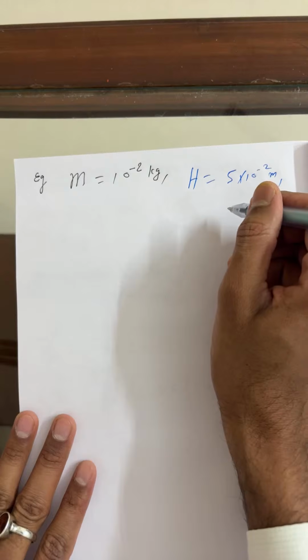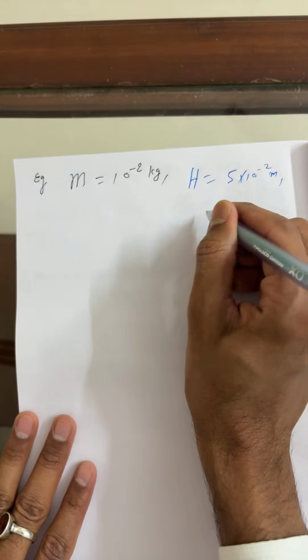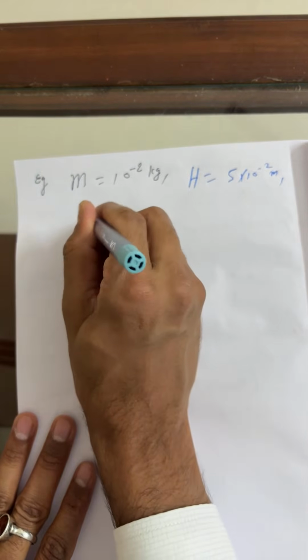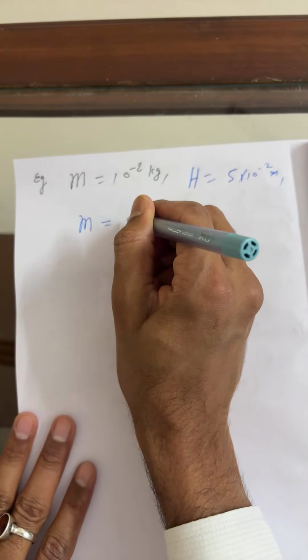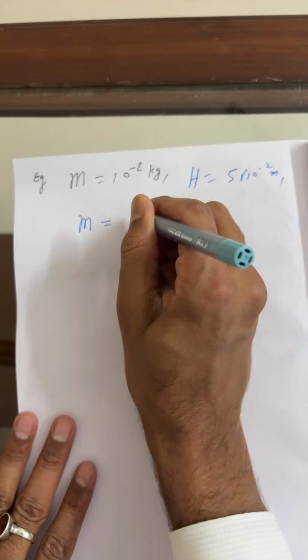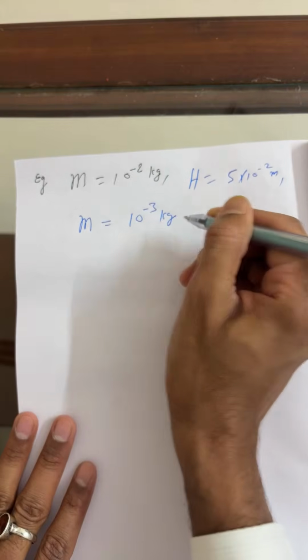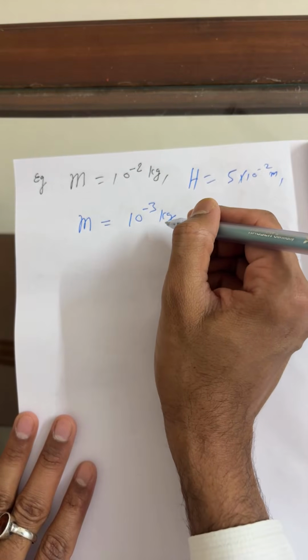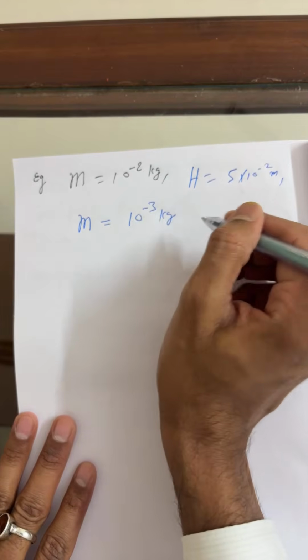At the bottom of its swing, it picks up a mass of 10 to the power minus 3 kilogram. To what height will the combined mass rise?